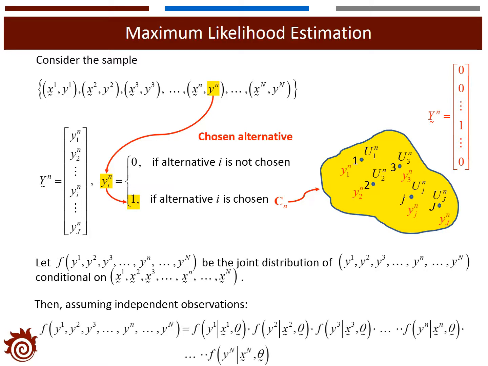Then this joint distribution can be represented as the distribution of each individual, that would be f(y_1 given x_1) times f(y_2 given x_2), until f(y_n given x_n). And this is called the likelihood function.